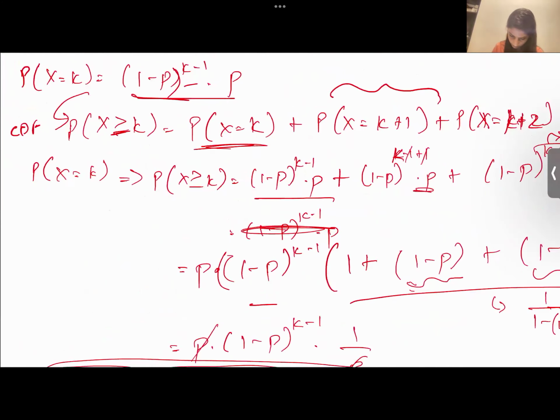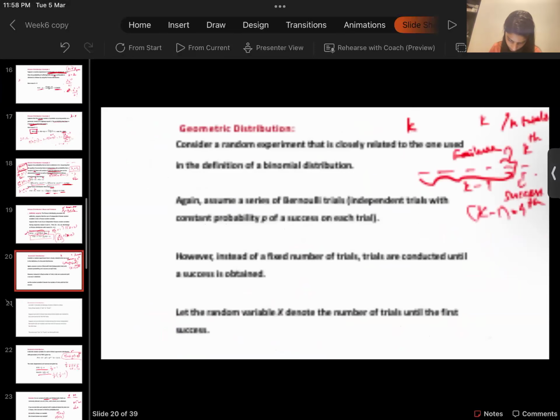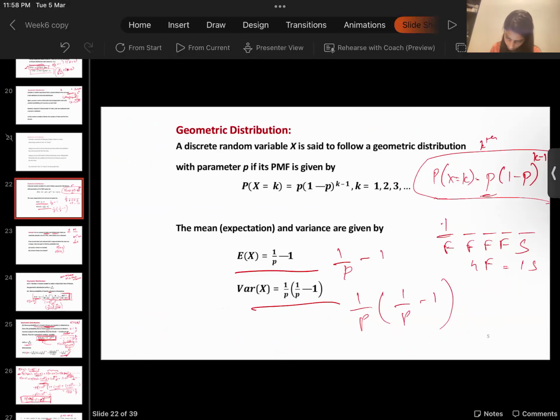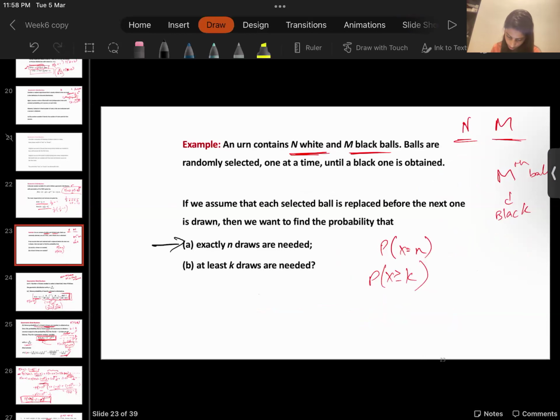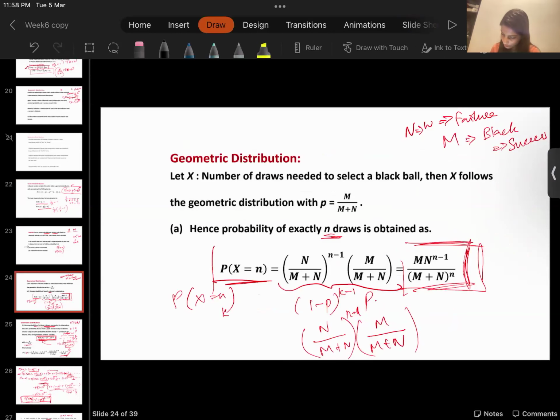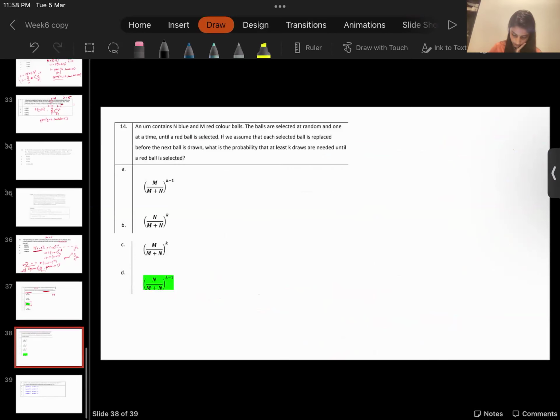Let me go back. Exactly n draws. Yeah, so this is the formula. And here the other question is they've asked what's the probability that at least k draws are needed until a red ball is selected.